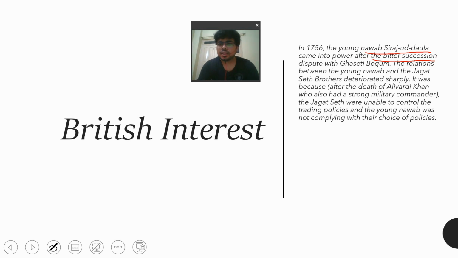The relation between the young Nawab and the Jagat Seth brothers deteriorated sharply. It was because after the death of Alivardi Khan, who had been a strong military commander, the Jagat Seth were unable to control the trading policies, and the young Nawab was not complying with their choice of policies.